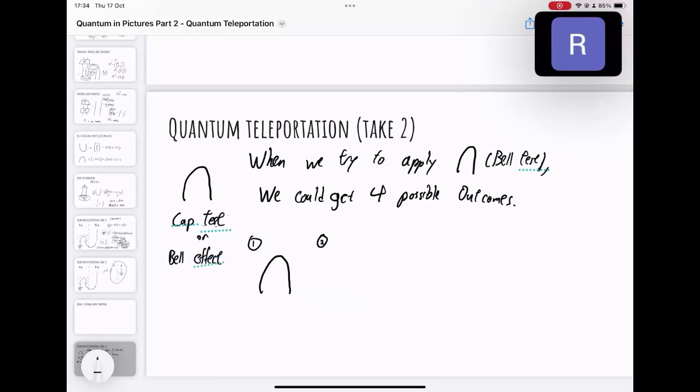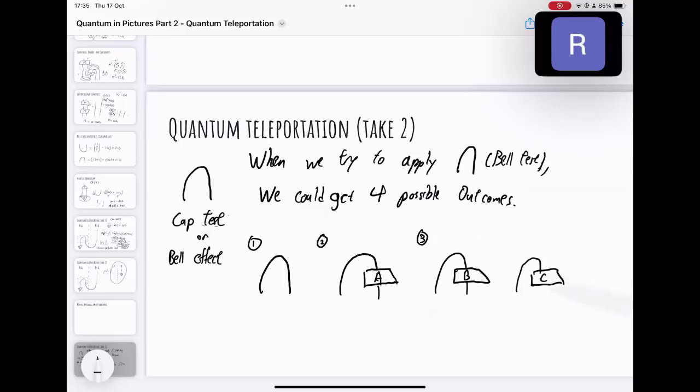But you might also get these others. So these are the 4 possible outcomes.